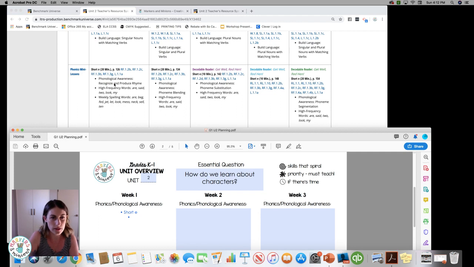I see that we're going to be rhyming. Then I see my high frequency words there. Okay, and then my spelling words. I'm not going to type those in. I also see day 2, phoneme blending. Okay. Then day 3, I see substitution. Let's see, and then segmentation on day 5.